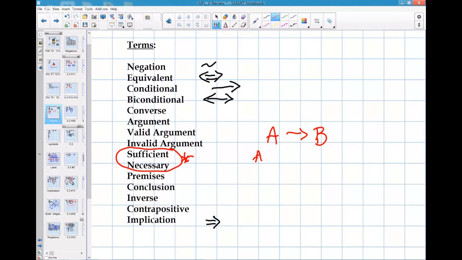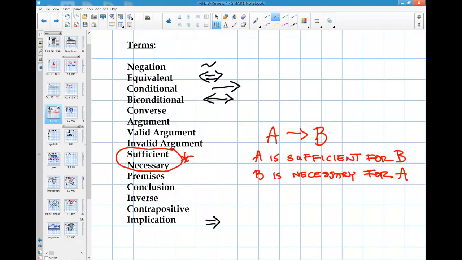So A is sufficient for B, and B is necessary for A. So in other words, I just remember it this way: in an if-then statement, the first statement is sufficient, and the end one is necessary.